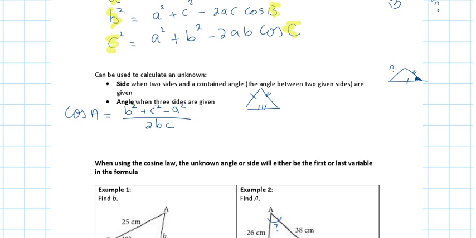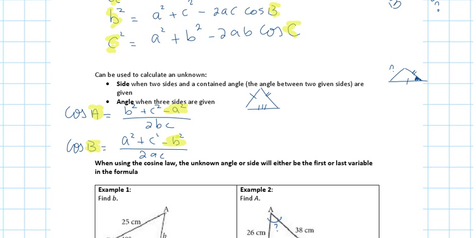And then if I'm looking for B, it's going to be a squared plus c squared minus b squared over 2ac. So you see right here now, the angle is going to match the minus squared term.